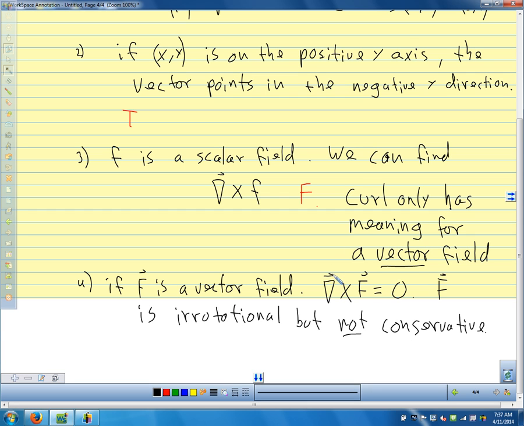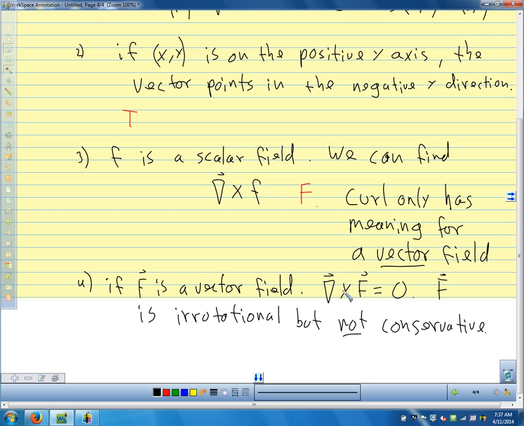That is false, because for it to be irrotational, the mixed partials have to be equal for them to cancel out, but that would make it conservative. So what the student is saying is if the curl is 0, it has to be conservative. So irrotational and conservative mean the same thing.